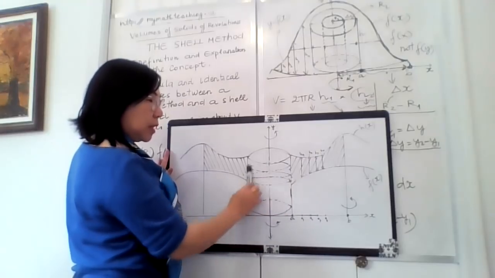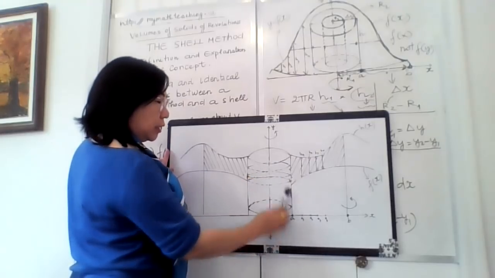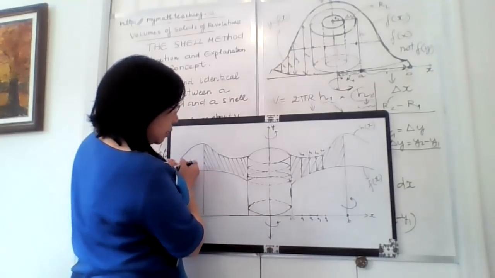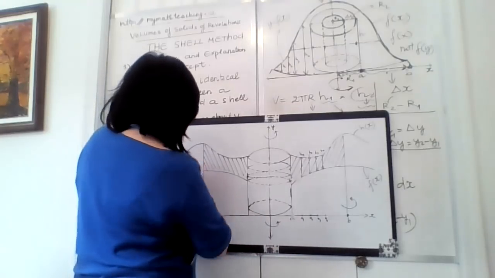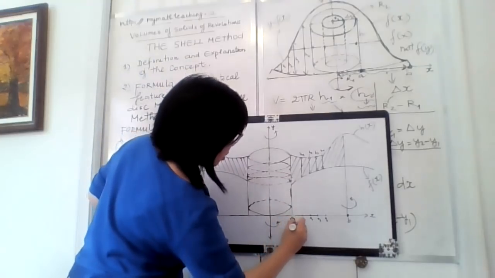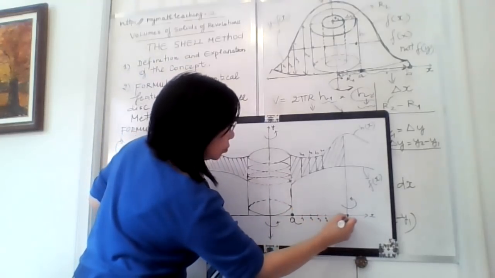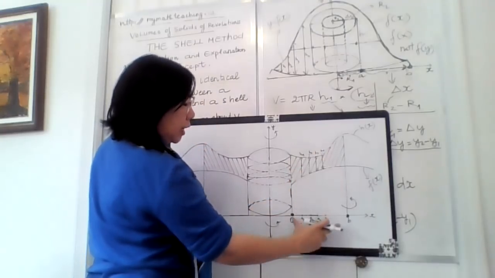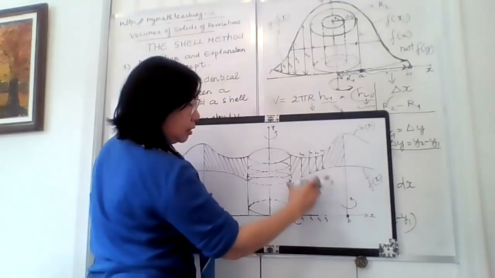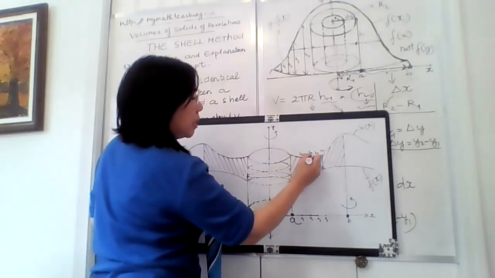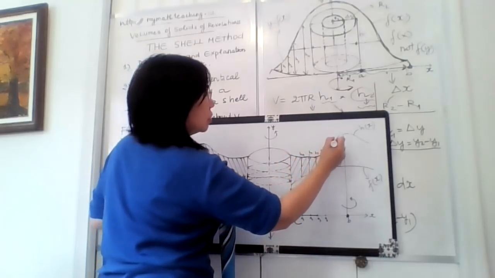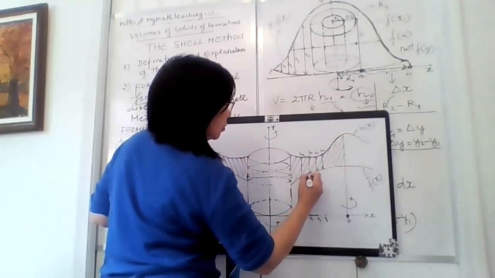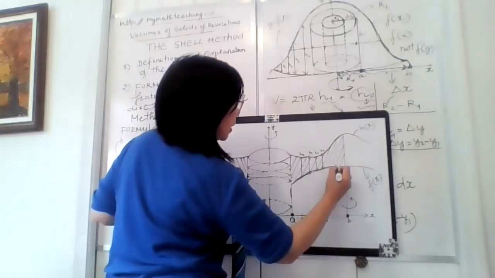Actually, it's stacked up by so many shells. As long as we generate the interval from A to B, this region lies between A and B, and is formed by the two functions. The first on the top, we call it h of x, and the second function down here, we call it g of x.